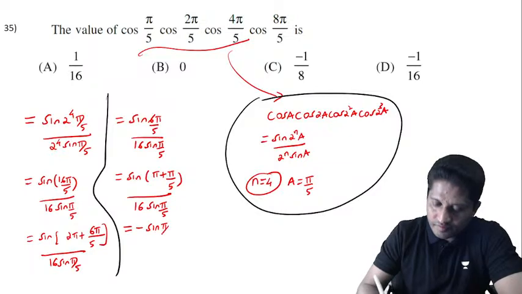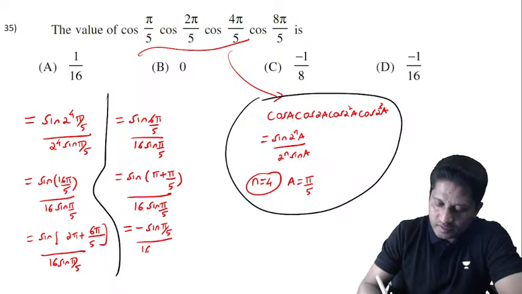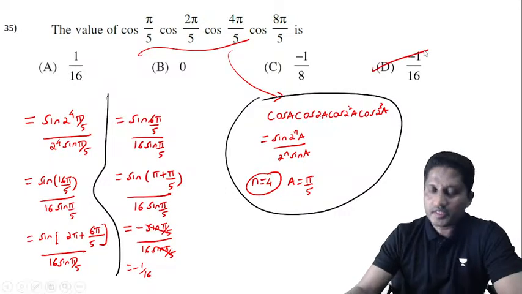So minus sine pi by 5 divided by 16 into sine pi by 5. This will cancel. You get minus 1 by 16. Answer is option D.